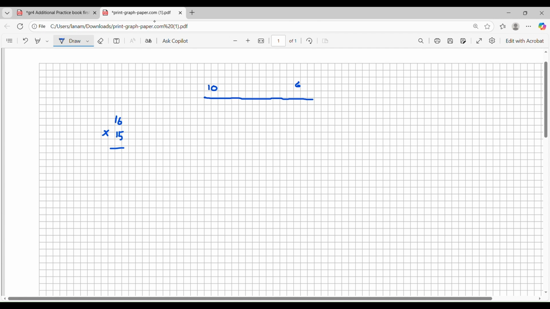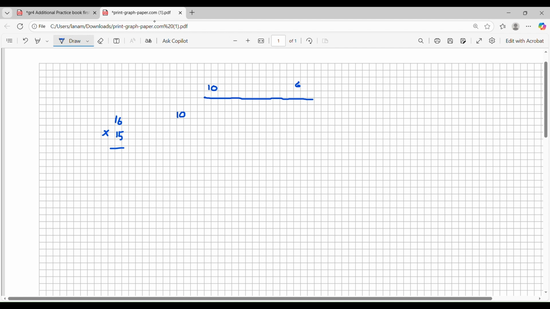Now I will show the other number. The other number is 15. First, I'm going to start with the tens as well, so I need 10 squares. I will start from the line that we drew before for the first number, because we need to find the final product, which is the total of all of the squares of both numbers.